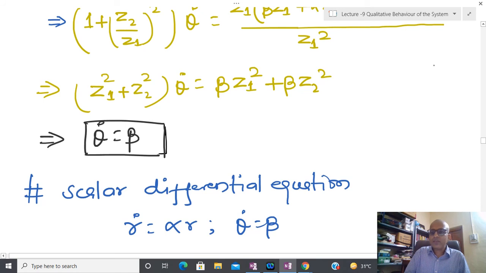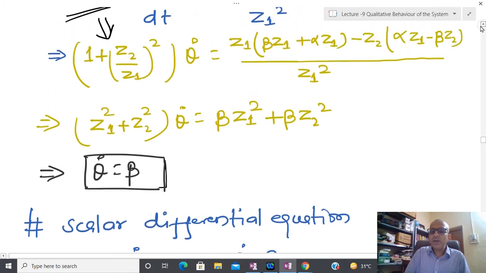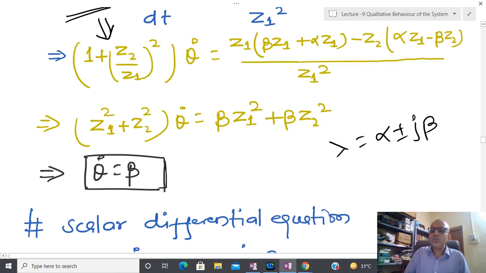I have already told you that lambda, the eigenvalue, always comes in a conjugate pair, and I have fixed beta greater than 0 without loss of generality.